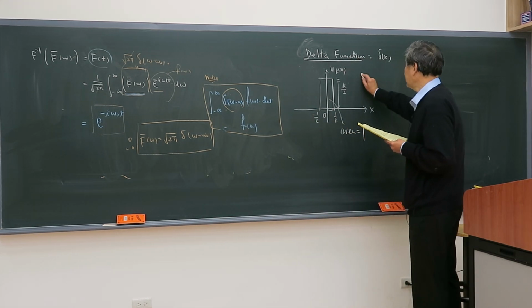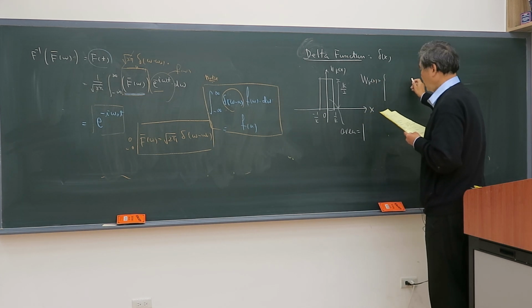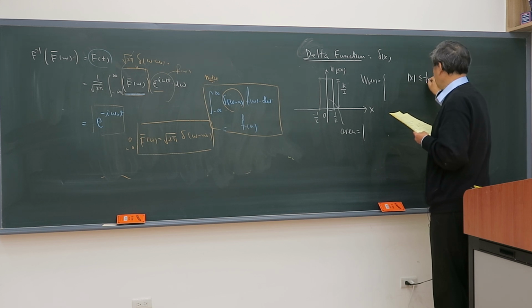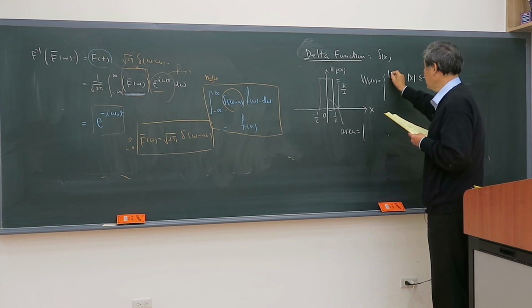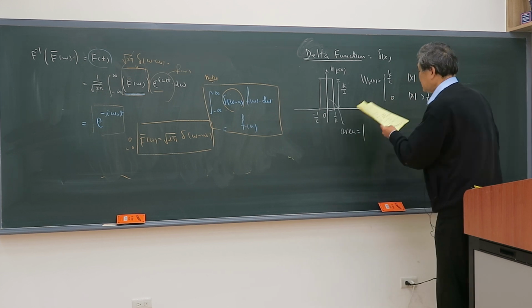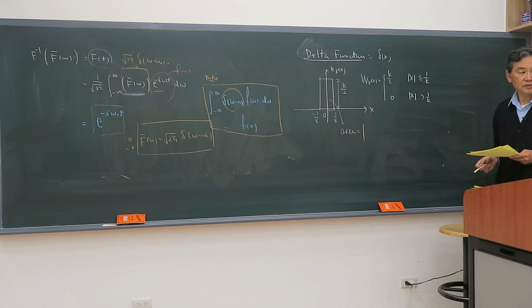So this function w_k is defined as k over 2 when the absolute value of x is less than 1 over k, and when x is larger than 1 over k it is equal to 0. So this definition of w_k is the figure like this.